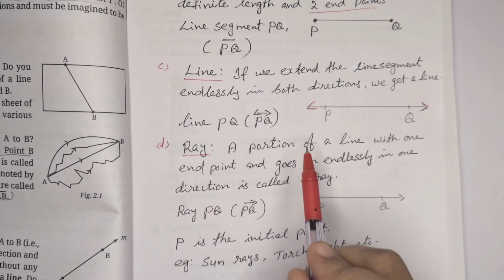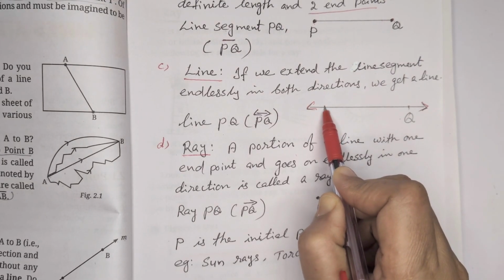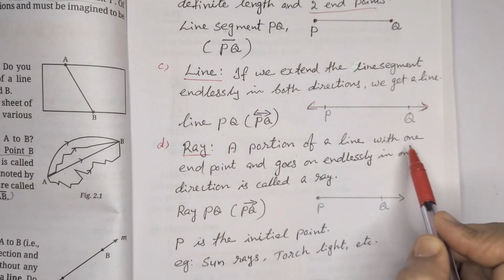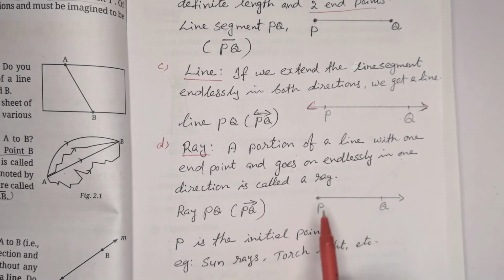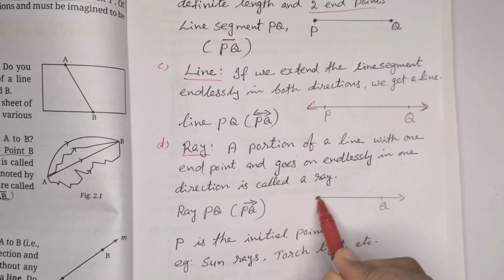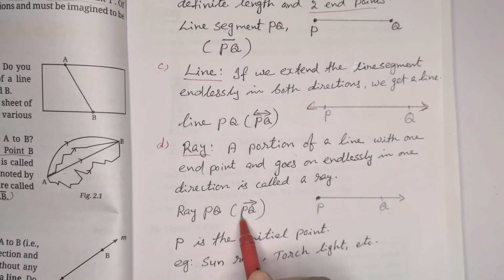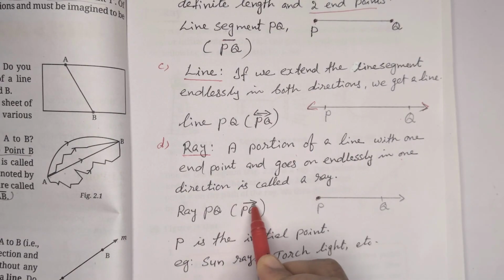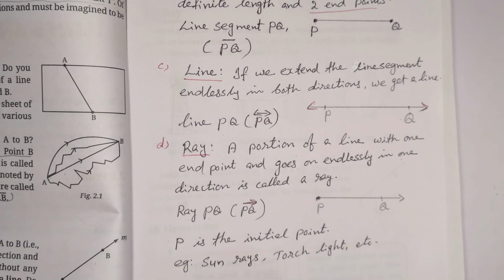Next is ray, a portion of a line. That means there is a starting point, and it goes endlessly in one direction. That is called a ray. Here, ray PQ: the starting point is P, and it goes endlessly in the other direction. We mark that as PQ with a ray symbol on top, read as ray PQ.